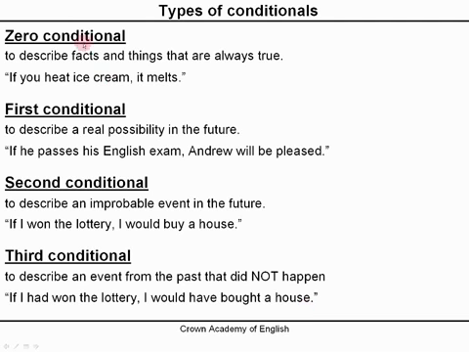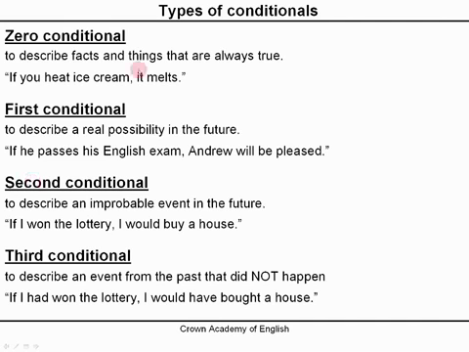Okay, so you can see there are lots of differences in these types. They all use different verb tenses, for example. Here we have the past simple, but here we have the present simple, and here we have a future.